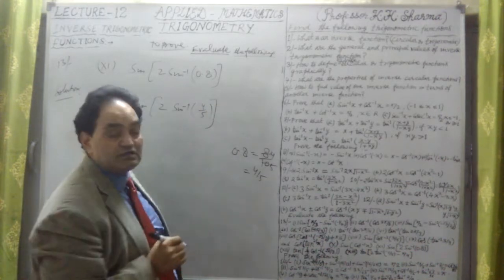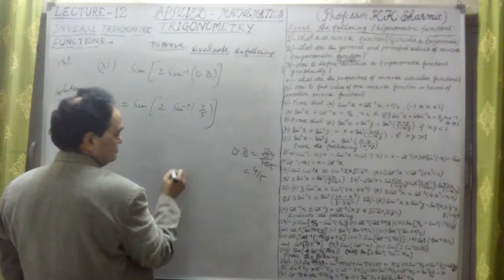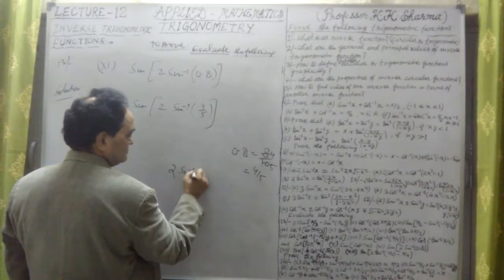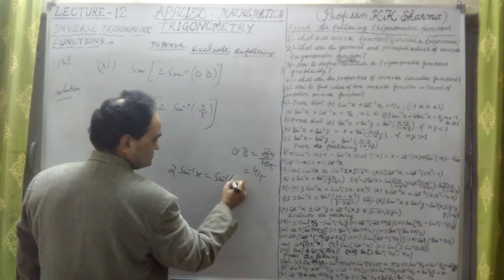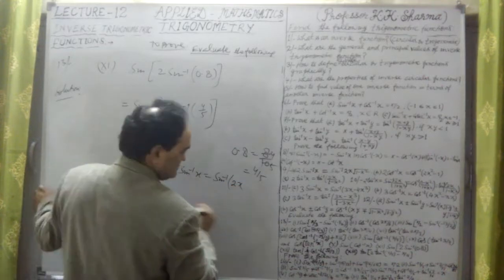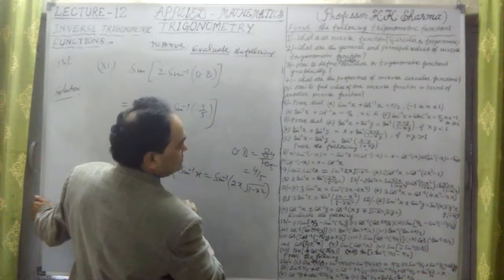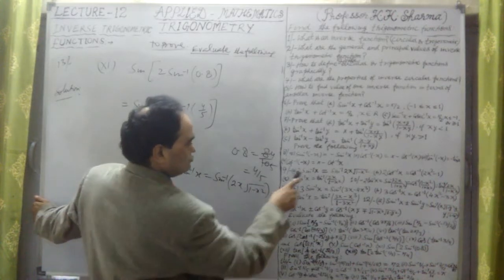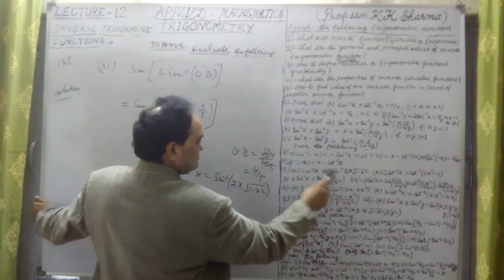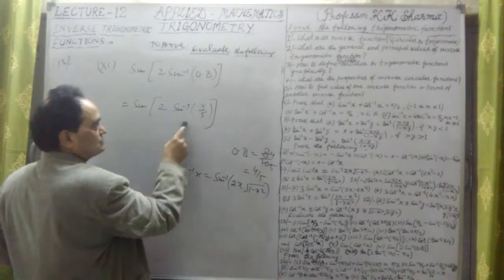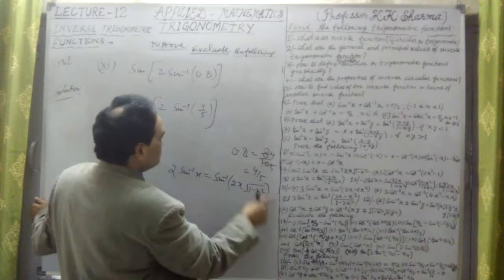Now we know that 2 sine inverse x is equal to sine inverse of 2x under root 1 minus x square. This is the formula.